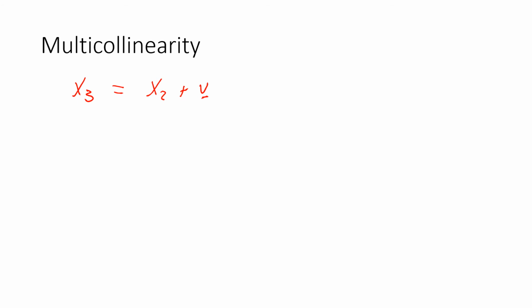In perfect multicollinearity, there was no random term; x3 had a perfectly linear relationship with x2. Now there is an imperfect linear relationship, with some random variation attached to it. Then we can treat v as a random error term in this exact relationship. If v has a non-zero value, we can obtain the ordinary least squares estimates.